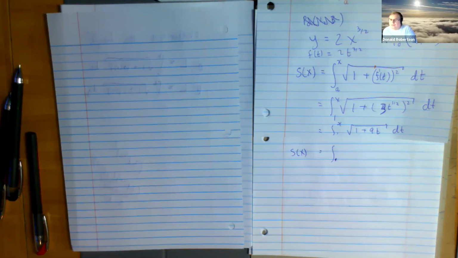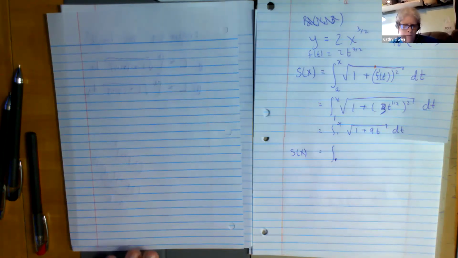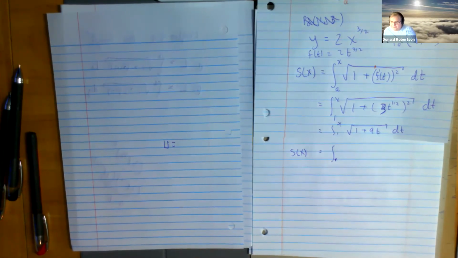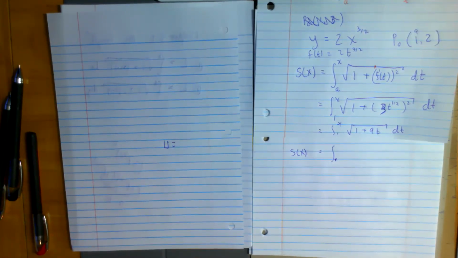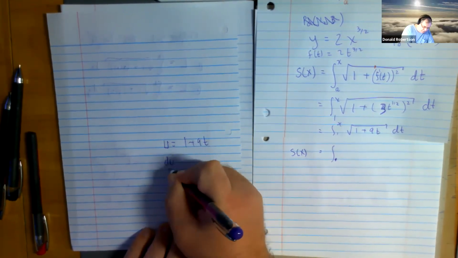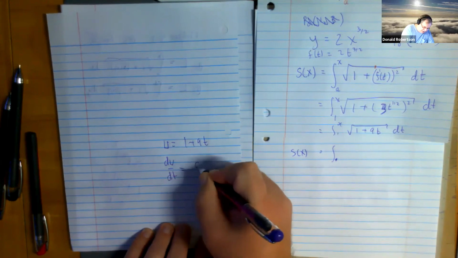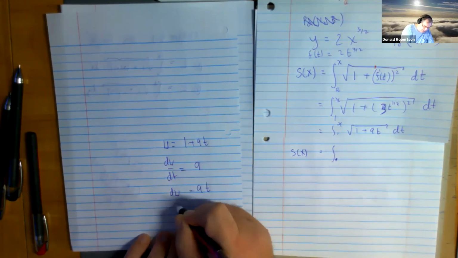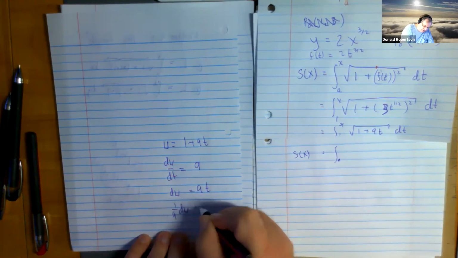What integration method could I use? U sub? Yeah. What U sub would work in this question? 1 plus 9t. Okay. Now, if you differentiate that with respect to t, you get 9. And then the crossover, and then isolate the dt.